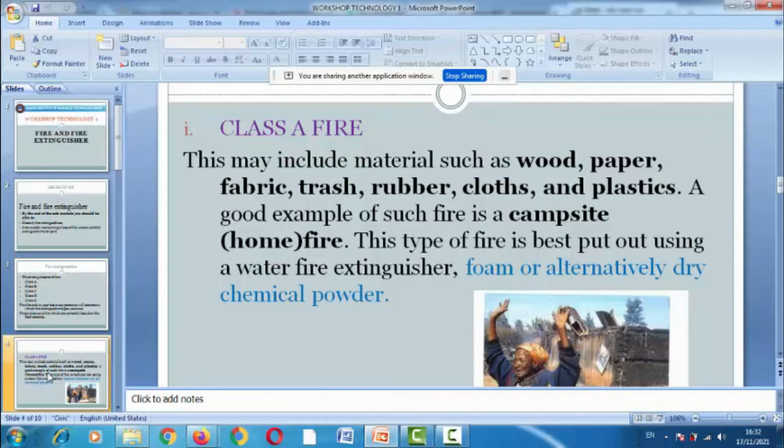Miss, tell me whether you can see the slide. Yeah, I'm seeing class A. Thank you.